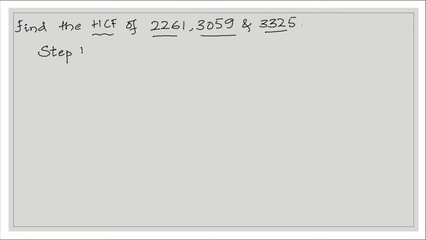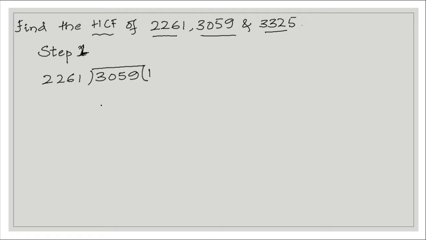Step 1, I would like to divide the first two numbers. I would like to consider the first two numbers. In these two numbers, we have 2261 smaller and 3059 is larger. So I would like to divide this.